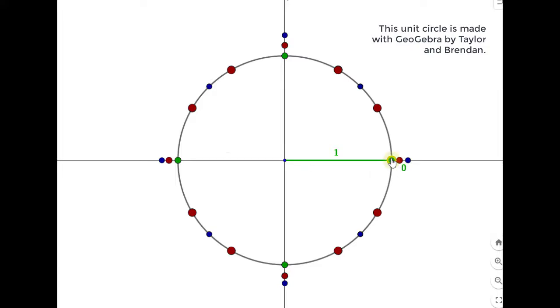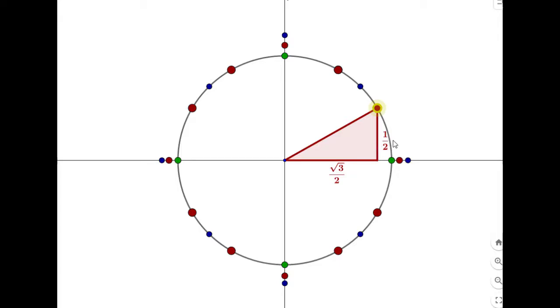When your angle changes to pi over 6, this is the sine value of the angle theta, and this little line here in red ink, the length being square root 3 over 2. These two components together make up the x and y coordinates of your terminal point. So just like the chart was saying, this is cosine of a pi over 6 angle, and this is the sine value of pi over 6 angle.